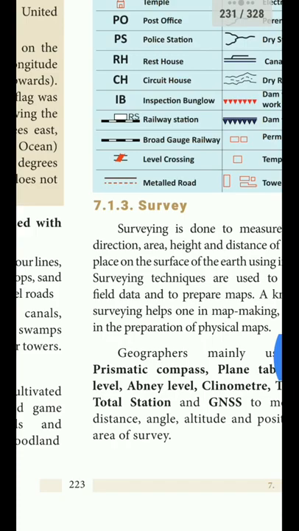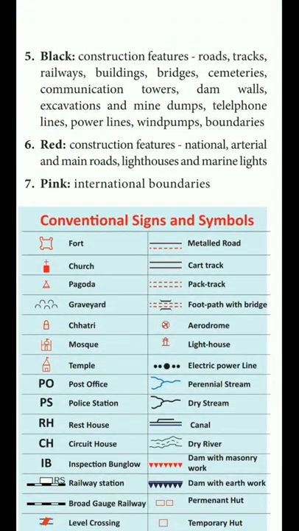Next, black color. Why was this black color used? Mostly construction features: roads, tracks, railways, buildings, bridges, cemeteries, communication towers, dam walls, excavation and mine dumps, telephone lines, power line, wind pump boundaries, etc. In these places only black color was used, and red color for the construction features, national, arterial and main roads, lighthouse and marine lights.